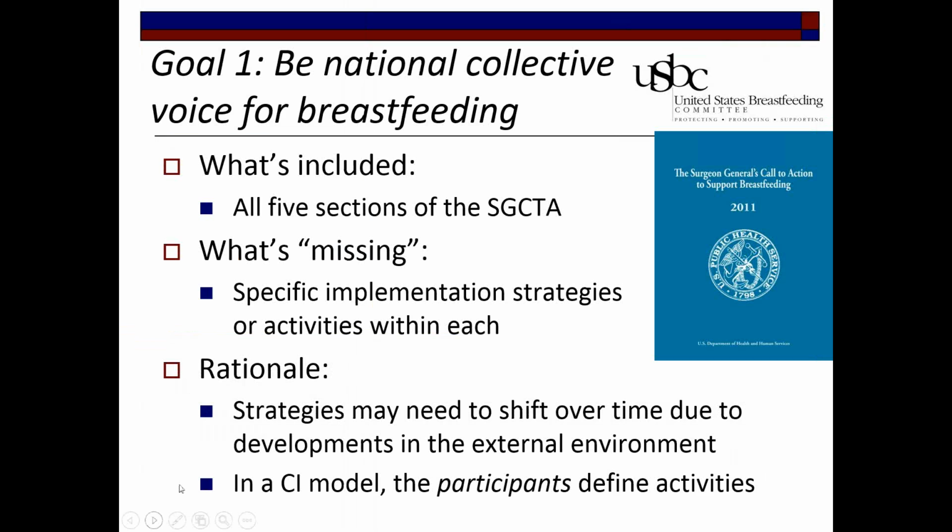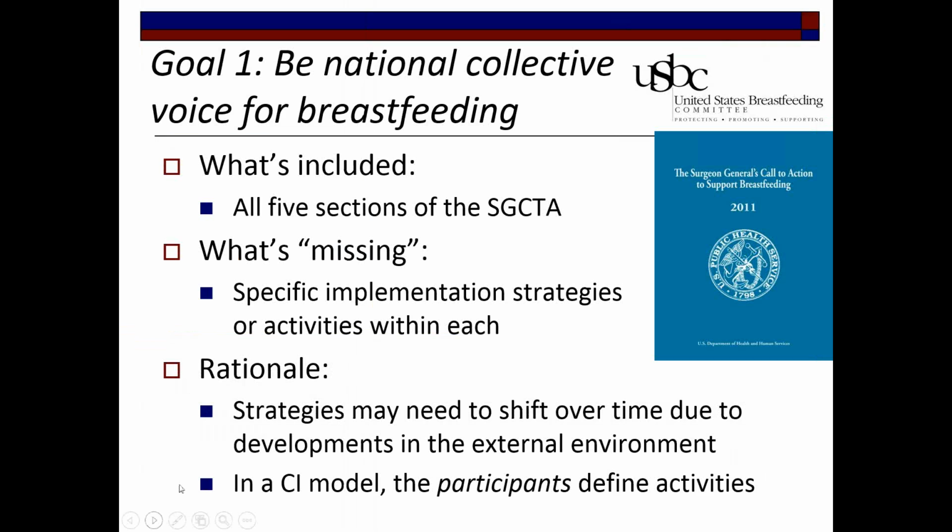There might be other possible activities that could occur. Strategies might need to shift over time due to developments in the external environment. So for example, we know that in the last couple of years, we've had groups of partners in USBC interested in activities around emergency preparedness and infant feeding, or around sleep practices and infant feeding.